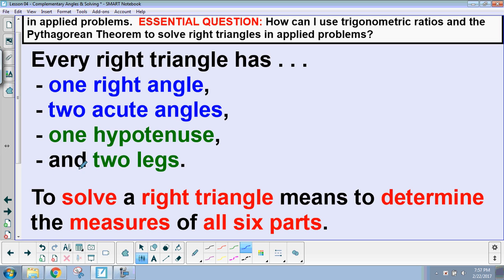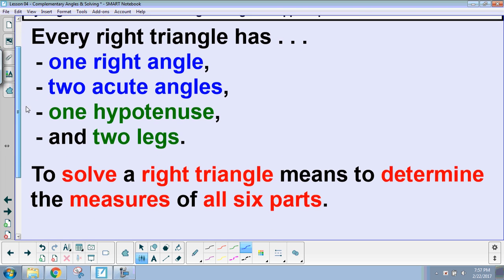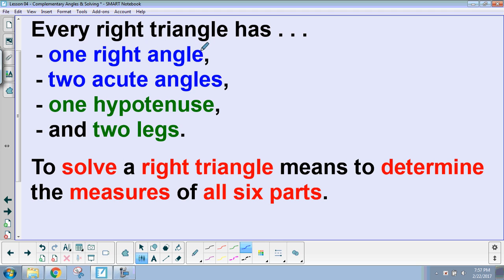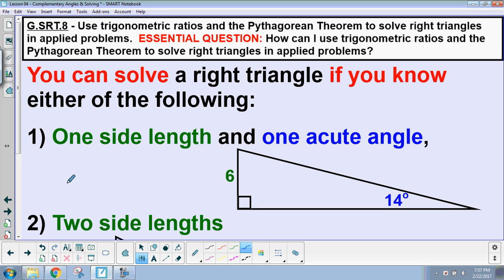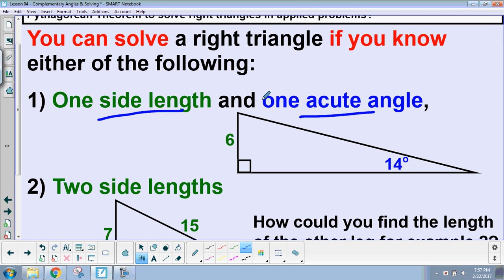So, every right triangle has one right angle, two acute angles, one hypotenuse, and two legs. To solve a right triangle means to determine the measure of all six parts. You can solve a right triangle if you know either of the following: one side length and one acute angle, or two side lengths.